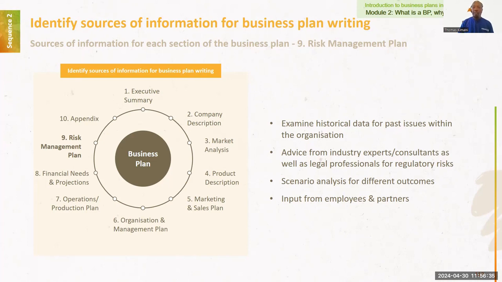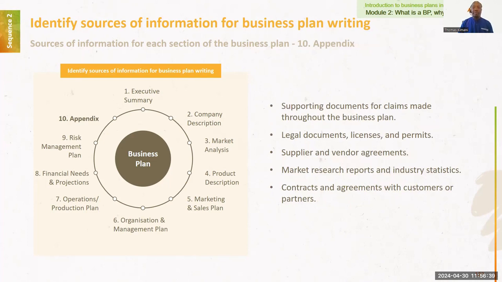Now, the final one is the appendices. We talked about appendices. Essentially, this is all the supporting documents that may not be added into the main document. The main document is written down, and the appendix says refer to this document.